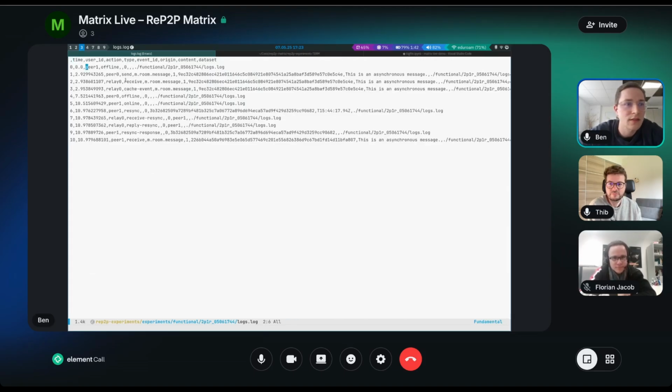We can see the timestamps of at what point in time which event took place. So peer 0 sent this event after approximately 3 seconds. And we can also see that the relay received a resync request and replied to the resync request.